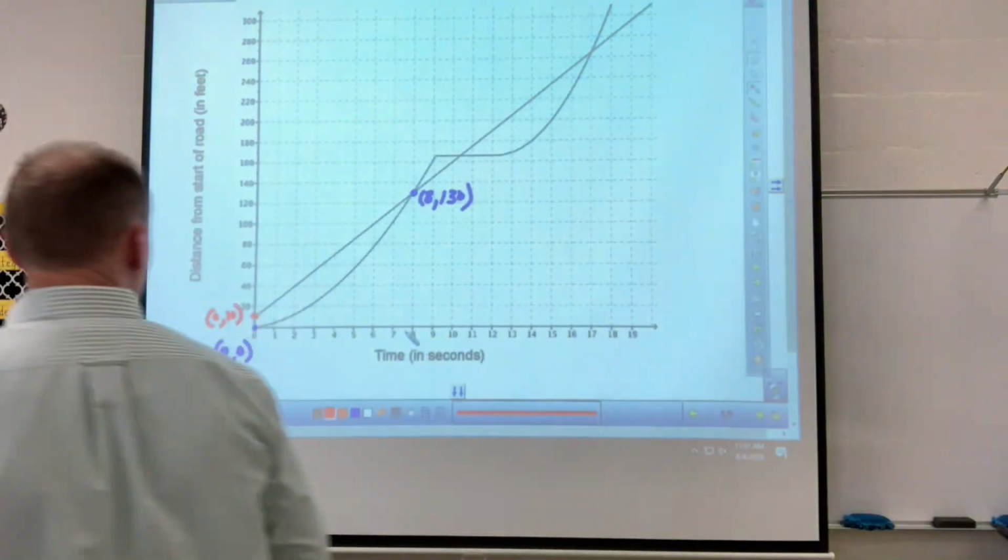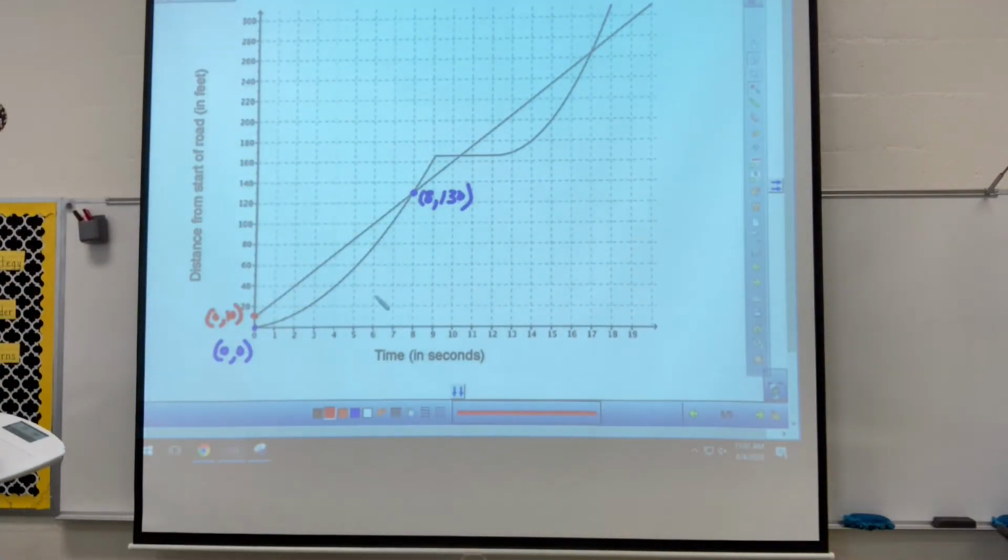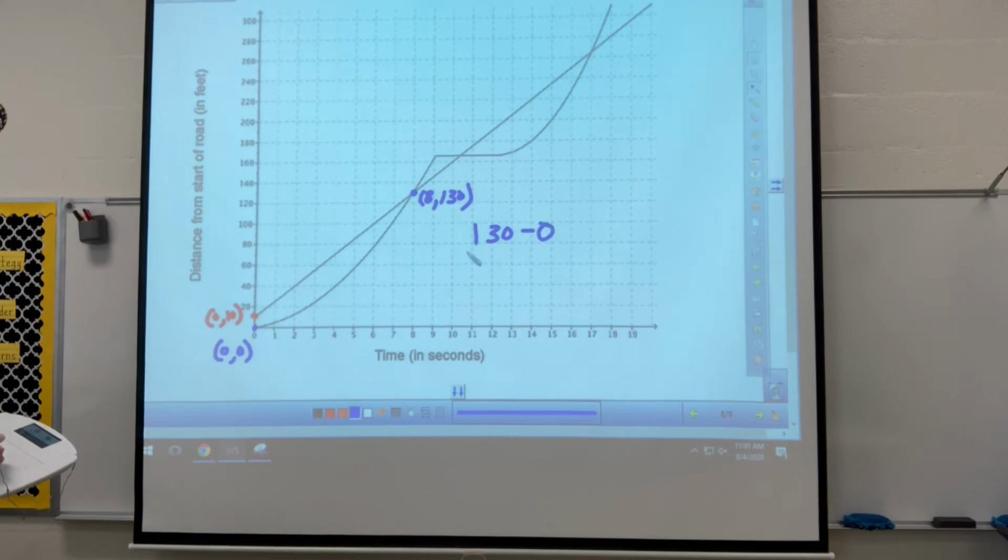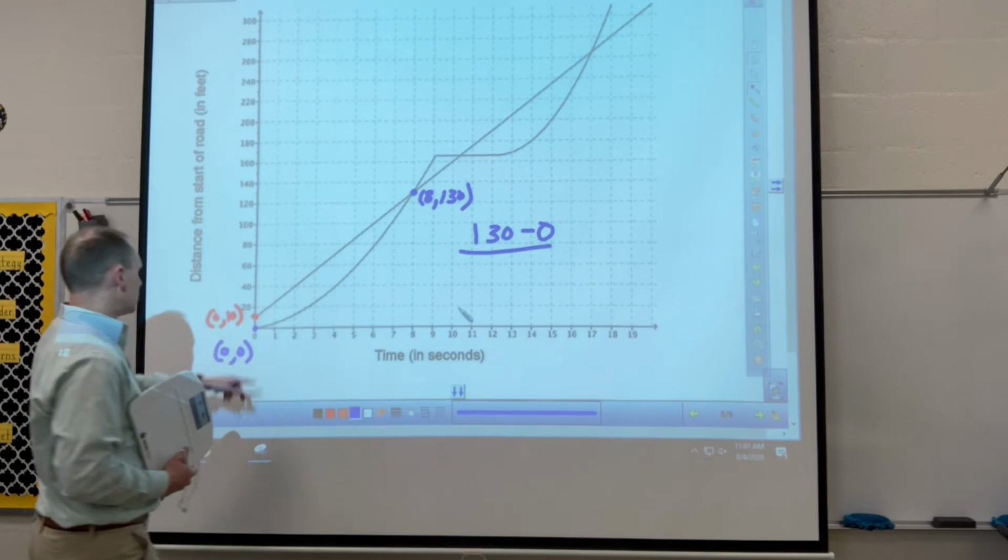Okay, so let's do the truck first. So the truck would be 130, so change in distance, so minus 0, divided by the change in time, which would be 8 minus 0.